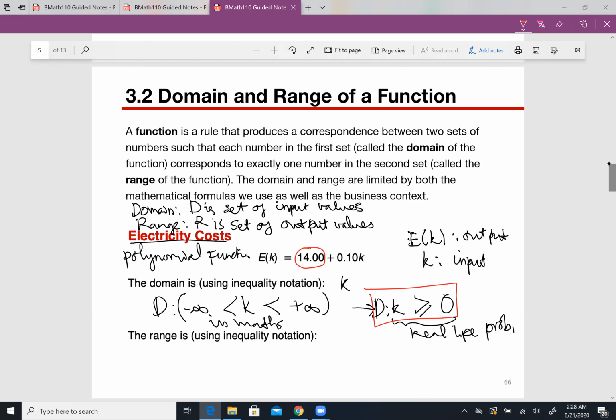So I'm going to say the range in here, which is E(K), has to be greater than or equal to 14. It will not be less than 14, because you start with 14 and add something, right?